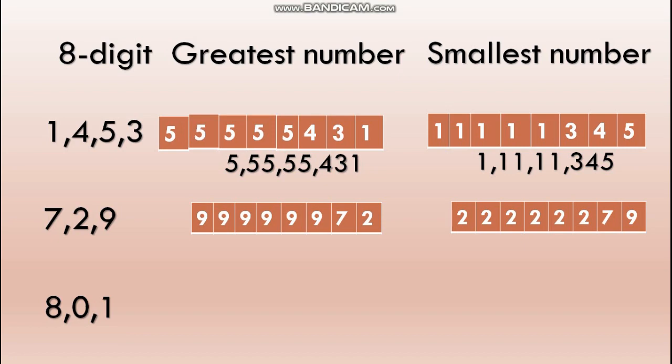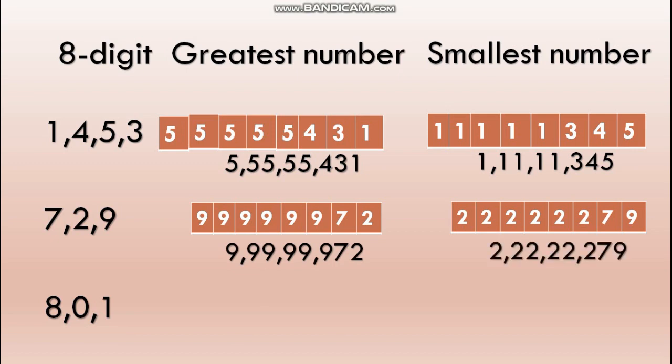So this is the number formed. We have to be very careful while writing these numbers. We cannot replace the smallest number by any of the other numbers. Otherwise, the answer will be wrong.